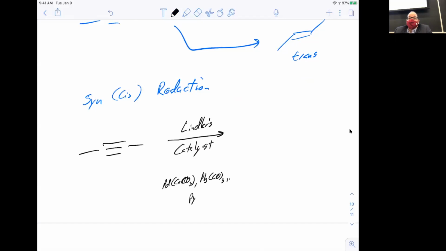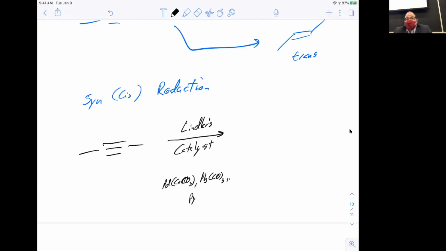Lindlar's catalyst is the way you usually see it. If you're looking at other texts or problems and you see some type of lead or nickel with a lot of other reagents, especially a lead-based reagent, that signifies a poison catalyst. There are different formulations of these poison catalysts. Lindlar's catalyst is a standard one, and you can buy it already made up.